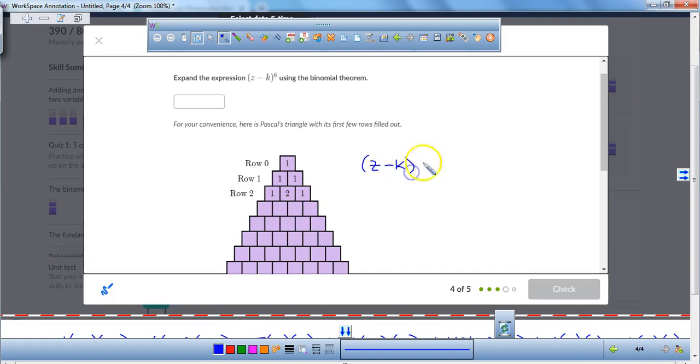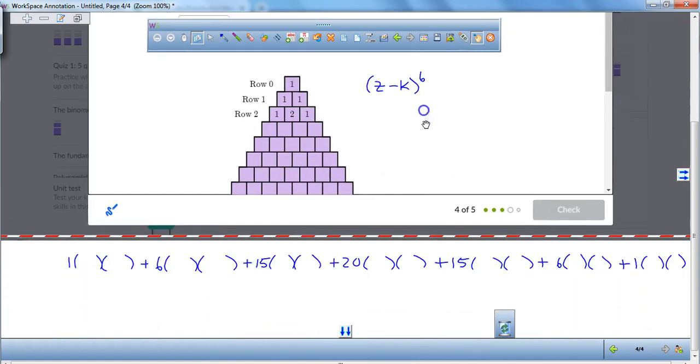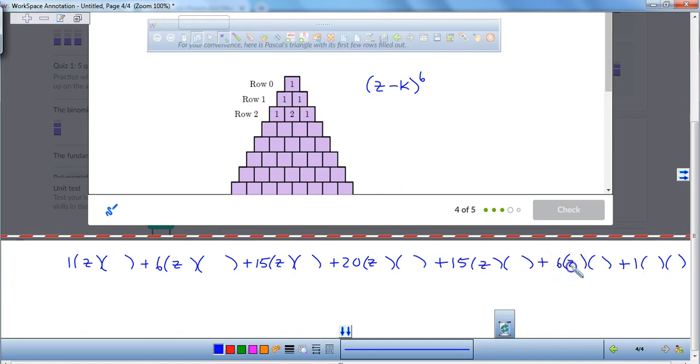I wish they would use different letters than z and k, but that's what we're going to do. You ready? So you're going to literally put a z in the first slot, and we're going to use a k in the next slot. But we're not just going to use a k, we're actually going to use a negative k. That's one thing you're going to have to pay very close attention to. So this has got to be a negative, and a negative, and a negative, and a negative, and a negative.